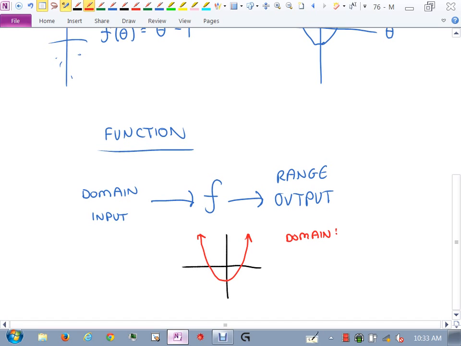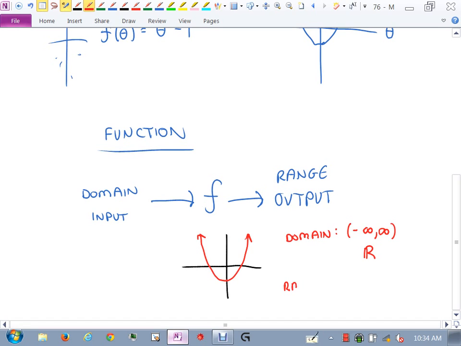So for every x value, there's some graph somewhere. There's nothing missing and it doesn't stop. We'll talk more about this, don't worry. How do we say all real numbers for domain? Yeah, you can do negative infinity to infinity, or you could write what we call double-struck R, all real numbers.